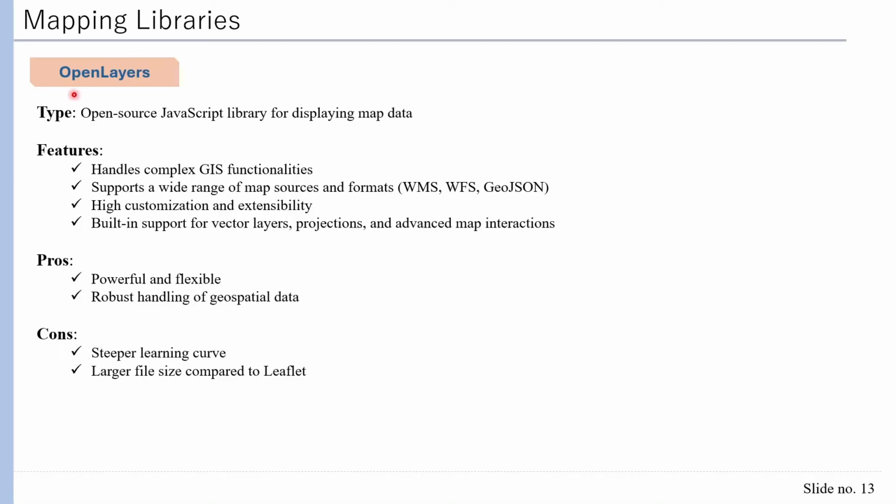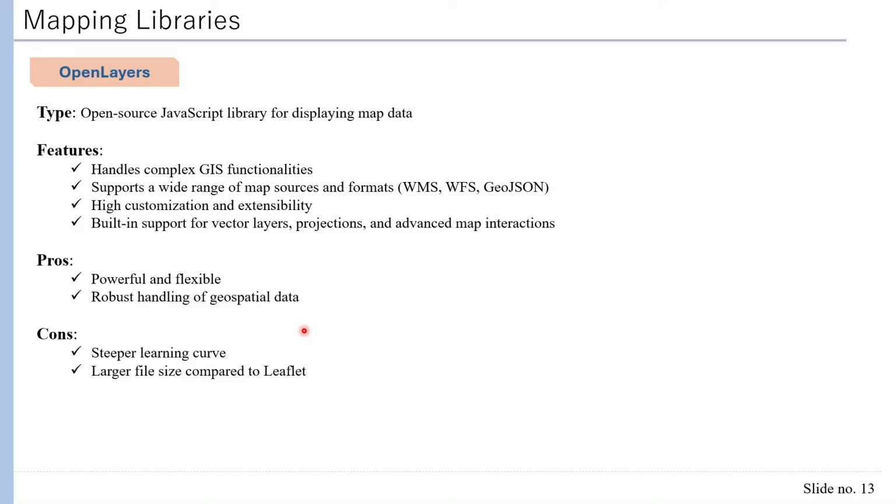The benefits of OpenLayers are that it is very powerful and flexible, and it can handle geospatial data in a robust way. But the cons are that the learning curve is very steep, and the file size is larger compared to Leaflet.